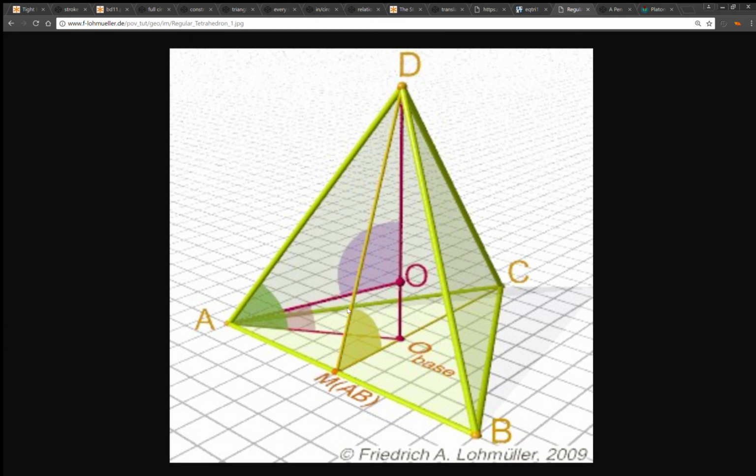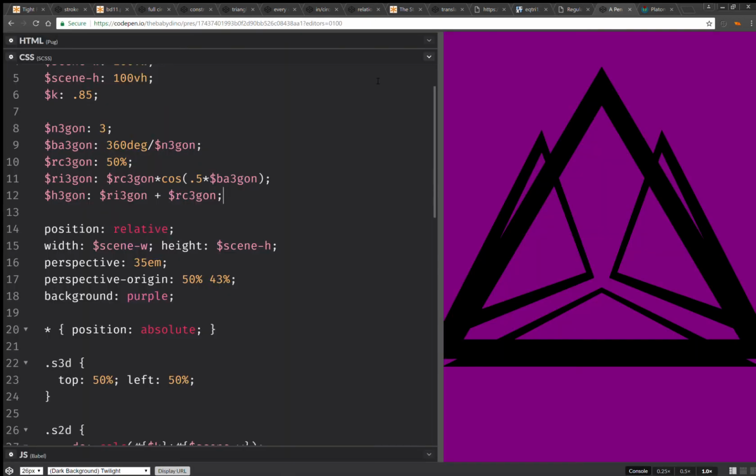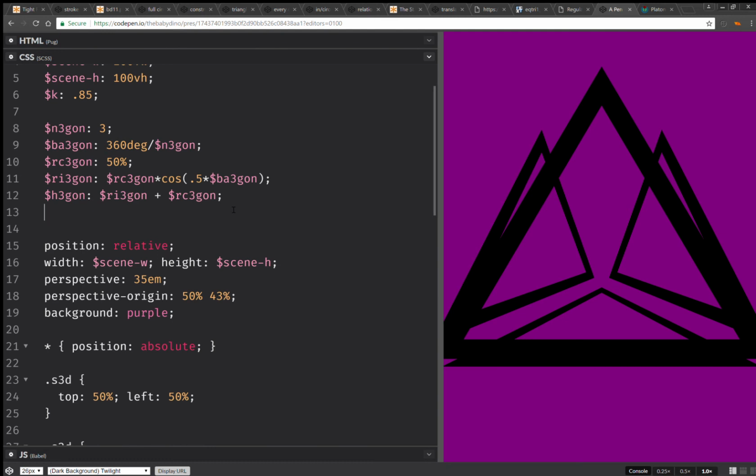This means that the cosine of this angle right here between the two faces, the DMO base angle, is the inradius of a face over the height of a face. So if we take the arc function, we can get the angle.